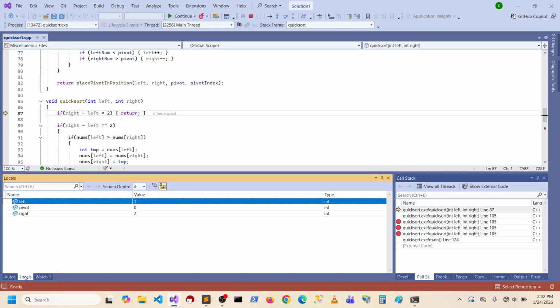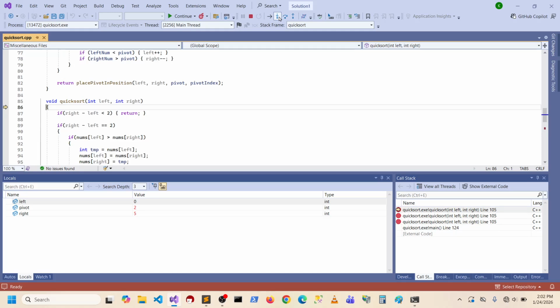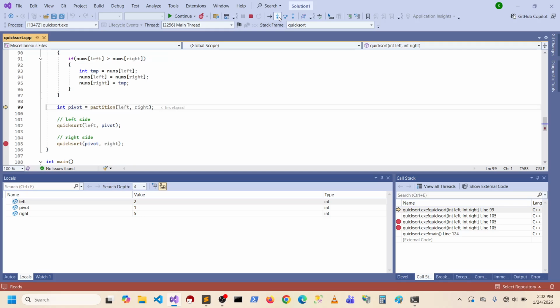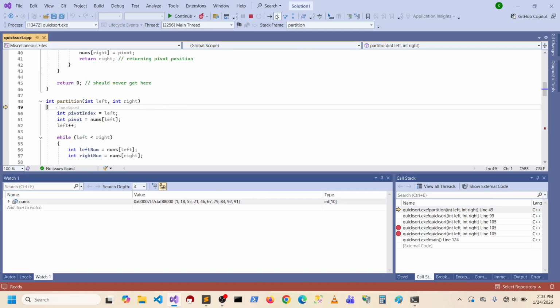So partition 2 and 5. So our pivot's 2, 5. Okay, let's get this sucker going.